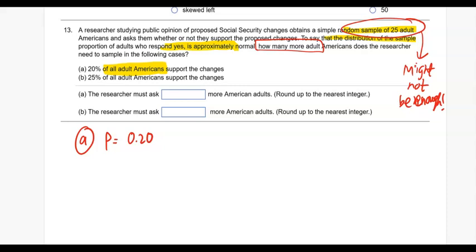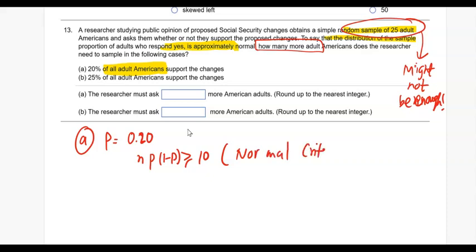All right, here is the formula, or rule, the criteria to be normal. n times p times (1 minus p) has to be greater than or equal to 10, because this is the criteria for the sampling distribution of the sample proportion to be approximately normal. That's what we said: the distribution of the sample proportion of adults who responded yes is approximately normal. So I'm going to use this normal criteria.